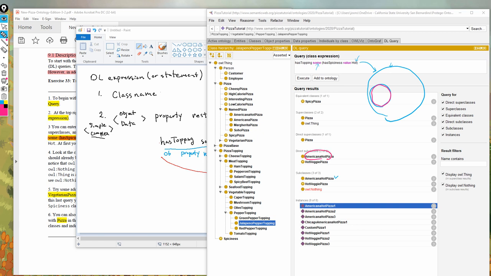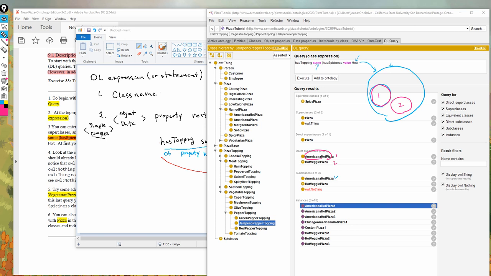Okay, and then same thing for the hot veggie pizza, somewhere here, hot veggie pizza, right? So this is 1 and this is 2 and this is 1 and this is 2. Okay, so that's how you should think. And then also go to all these instances and think about why these instances are classified as such.